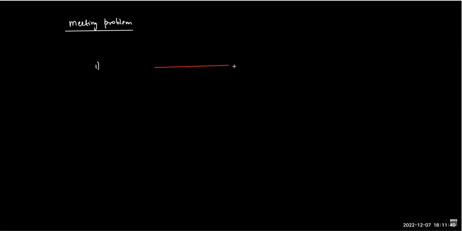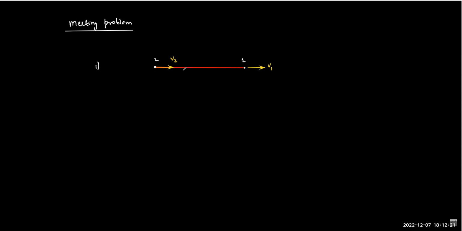We'll do it again. A very simple question: there are two particles, particle one and particle two, and both are moving. Let's say one is moving in this direction with velocity v1, and the other is moving with a constant velocity v2. We are not assuming any acceleration, simply v1, v2.